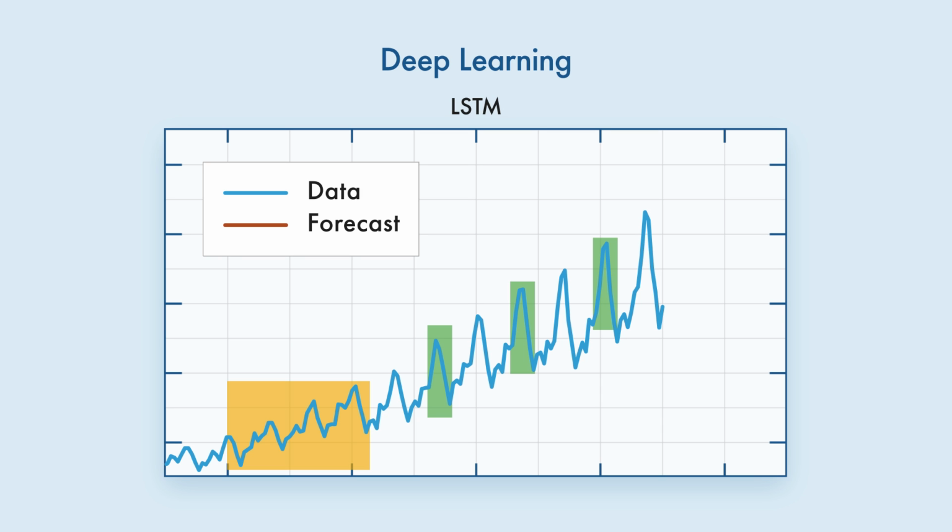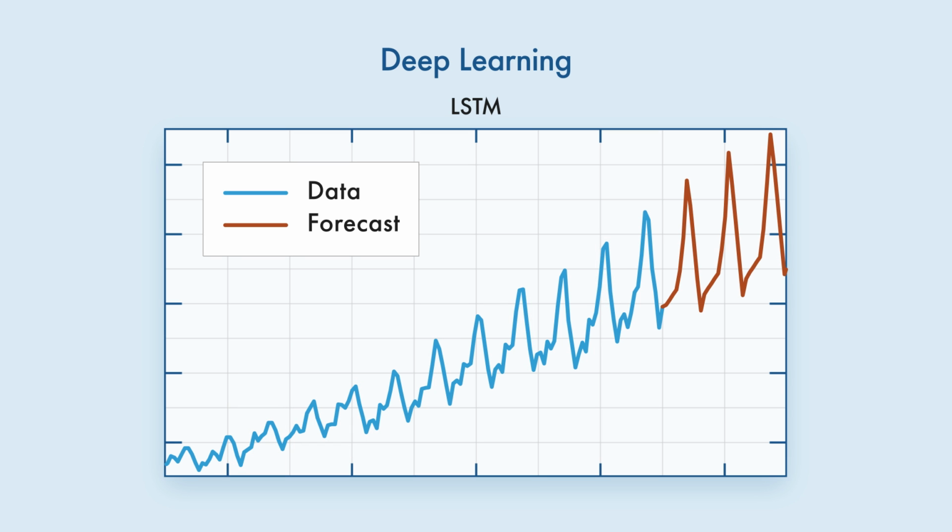This makes LSTMs ideal for sensor data, where past readings can strongly influence future values. LSTMs usually require minimal data preparation, since they can identify trends, seasonality, and anomalies directly from the data, allowing for more nuanced forecasting without as much time up front.